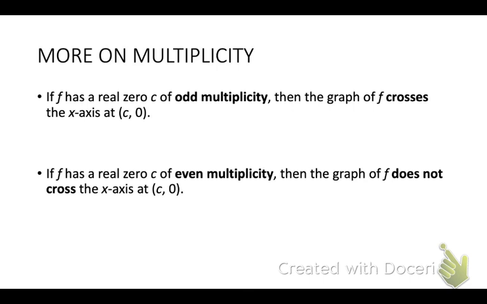If it was an even multiplicity, then it doesn't cross it. I like to call it that it kisses it. It just touches the x-axis at whatever that zero would be.